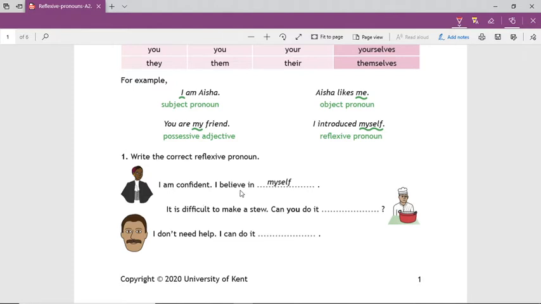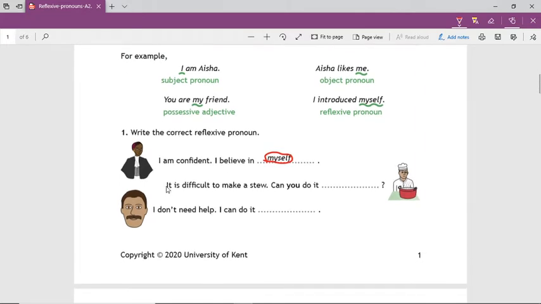I am confident, I believe in myself. And why is it myself? Because we're talking about I. Next up, it is difficult to make a stew. Can you do it? And I'll leave that blank for a bit and then we'll go back over the answers at the start.